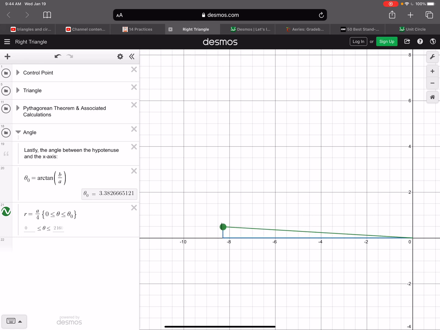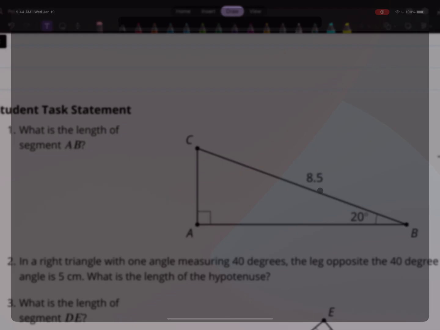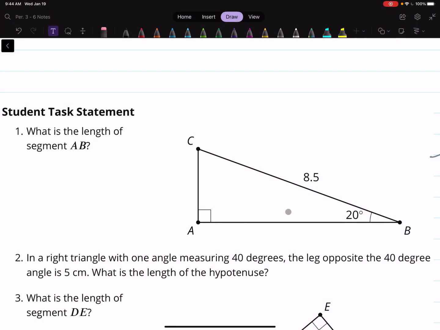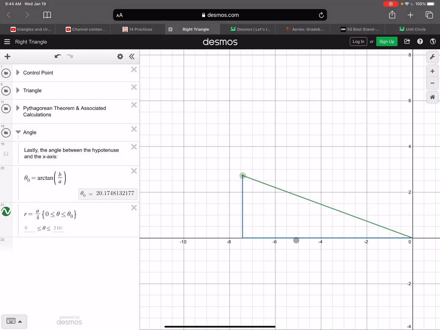If we just estimate it up to the 20 degrees, it's going to be around here, okay? So that's about 8.5, and then we got 20 degrees, right? So what is the length of AB? The length of AB should be about 8 units, okay? So we're a little bit off, but that's okay.